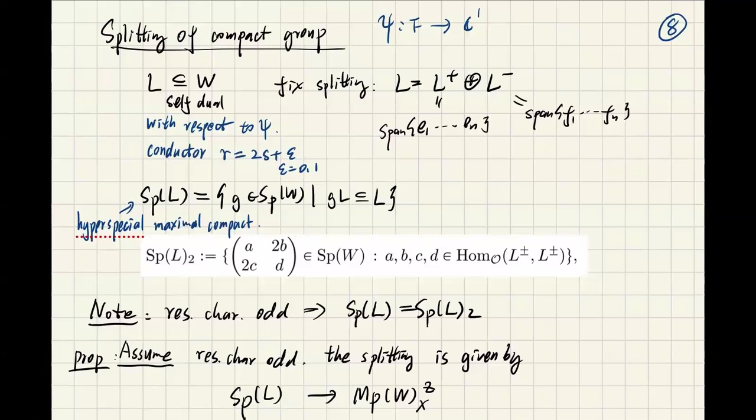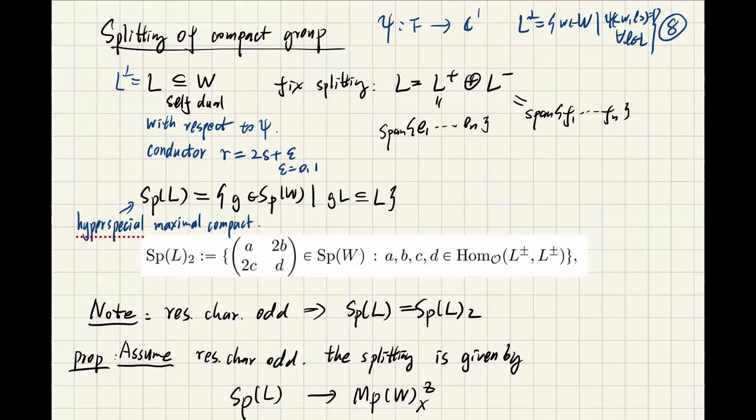We define L perpendicular as the set of all w inside W such that psi of the pairing of w with l is equal to 1 for all l in L. This is the dual lattice of L. Self-dual means L is equal to L perpendicular, with respect to psi.